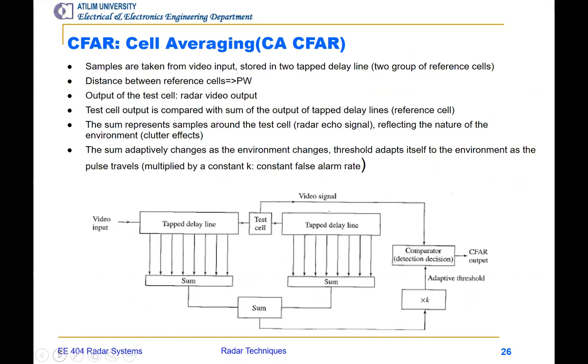Okay, how do we implement this? We use step delay line, as we have described previously. We take more than one sample, and store those samples before the detection process, and take another sequence of samples and record them, and then take the average of those samples, and then compare the average with the signal that we want to make a decision.